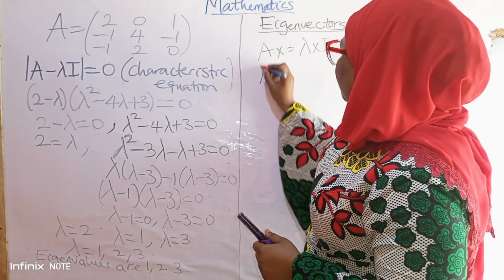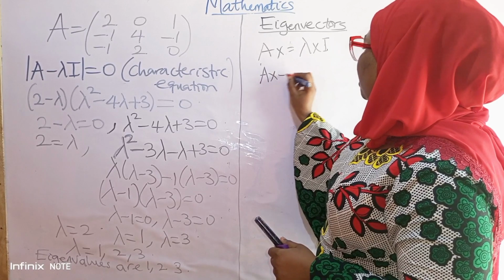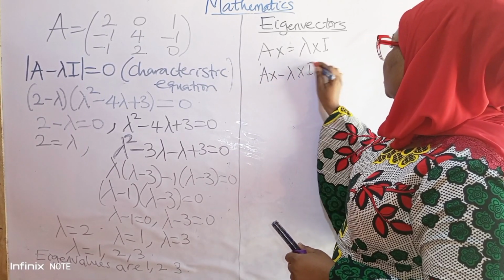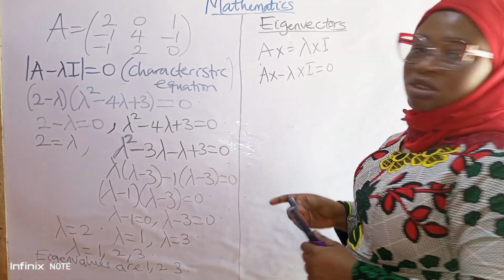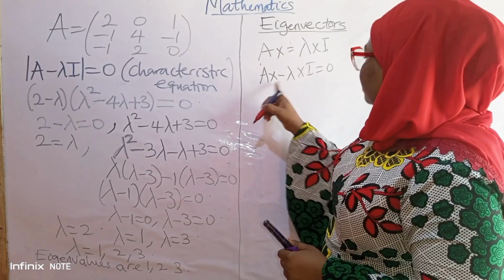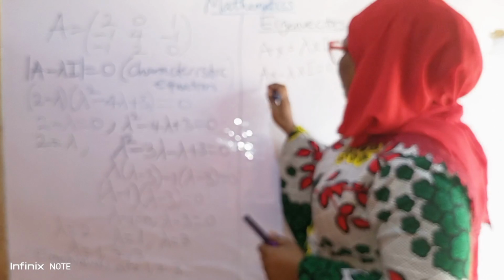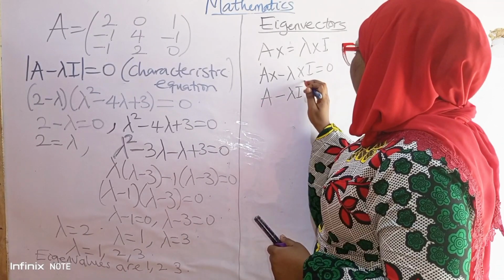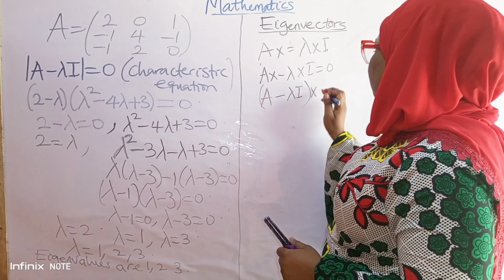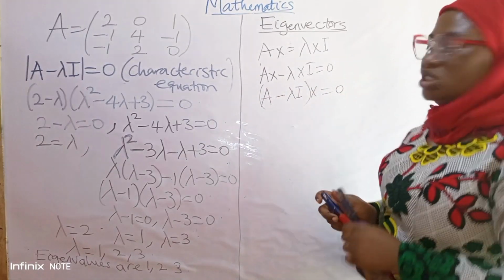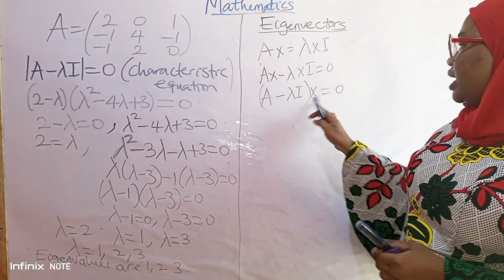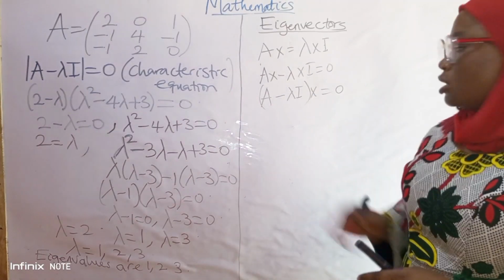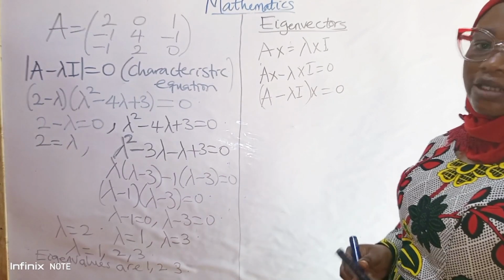So we have Ax minus lambda Ix is equal to 0. From here, let's factorize x out. We have A minus lambda I multiplied by x is equal to 0. So this is what we want to use to find x, because x is the eigenvectors. This is the formula that we need to use now.